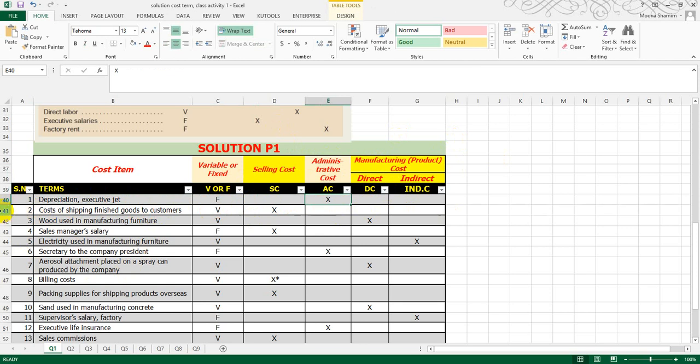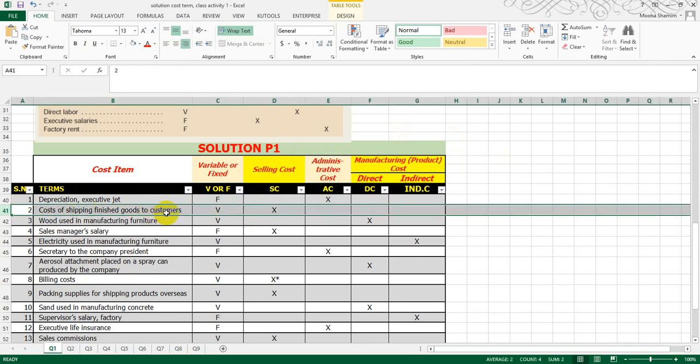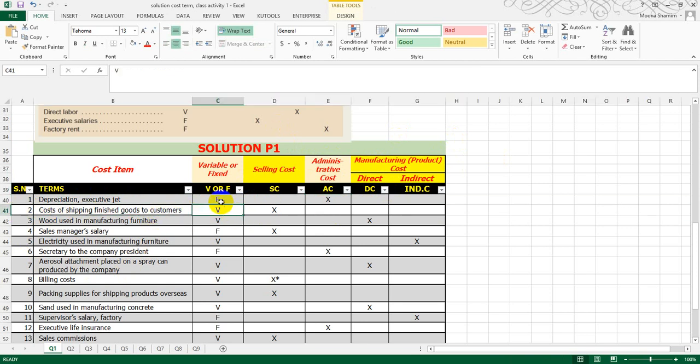Now next one is cost of shipping finished goods to customer. You are selling goods to customer, and cost of shipping, obviously it is variable in nature and it is a selling cost. Third one is wood used in manufacturing furniture. Wood is the material cost, which is related with the manufacturing cost and product cost, or you can say the inventoriable cost.